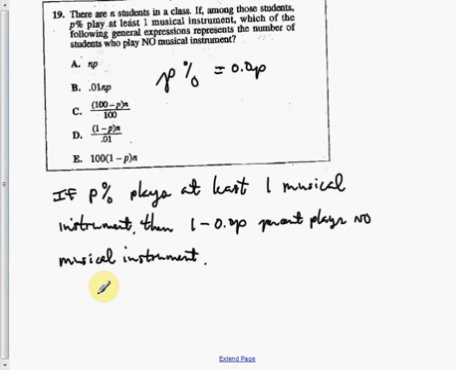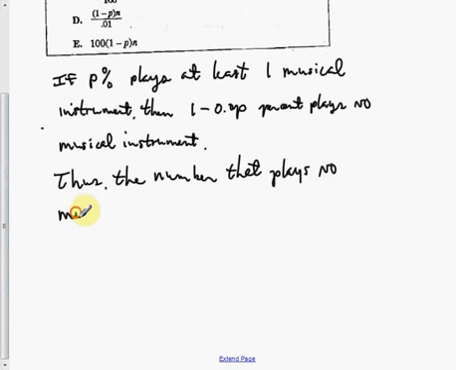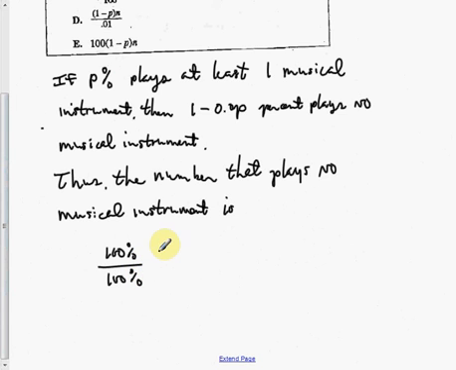Let's see. So thus, the number that plays no musical instrument is 100% divided by 100, times 1 minus 0.0p times n.